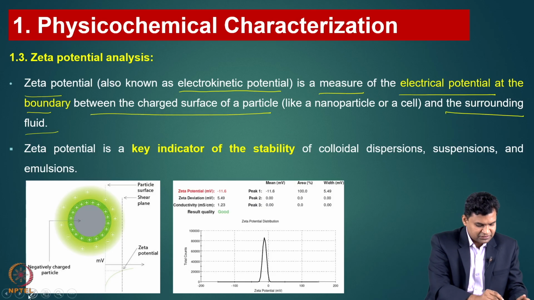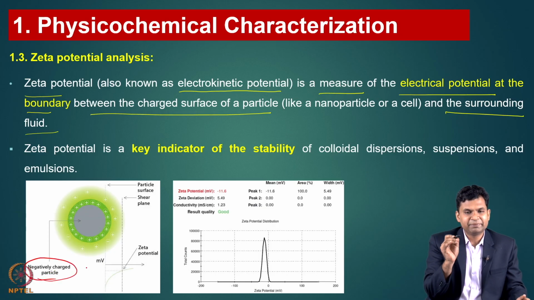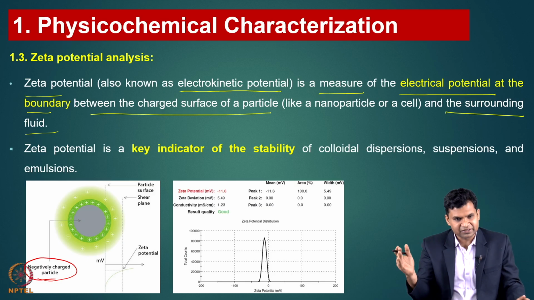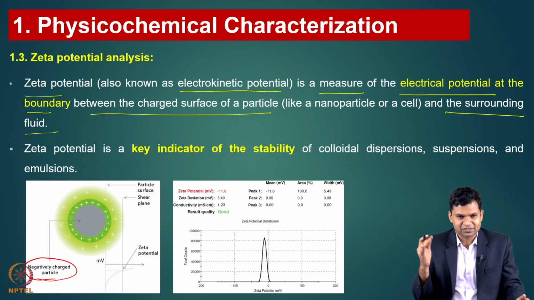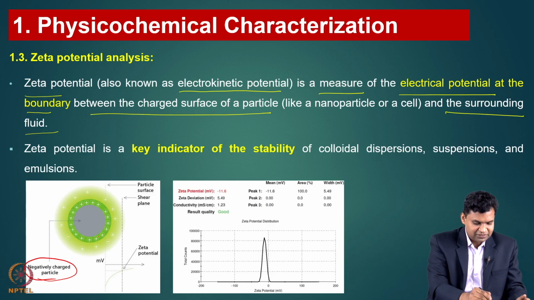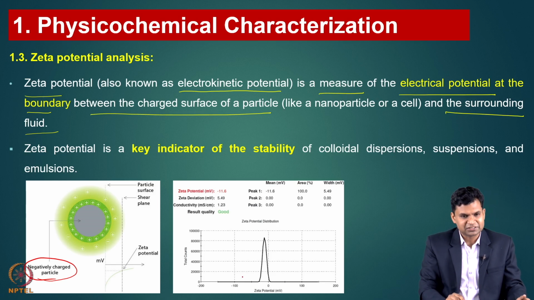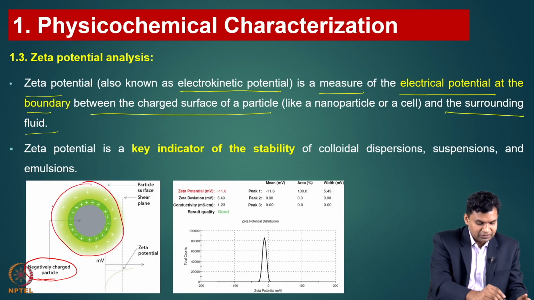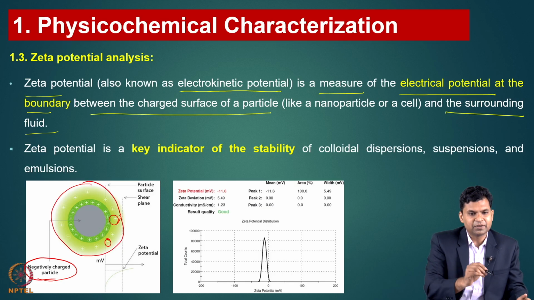Now, in the picture you can see that this particle is a negatively charged particle. Consider it is PLGA, polylactic-co-glycolic acid, or some other carrier which carries a negative charge. Now, you can see the positive charge is overloaded on the surface of the negatively charged particle, and on top of that you will see there is a boundary layer, right, which represents the negative charge and the positive charge.